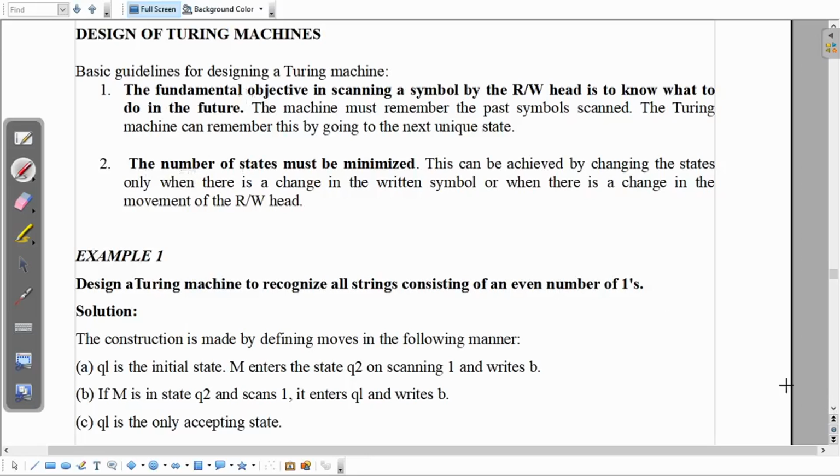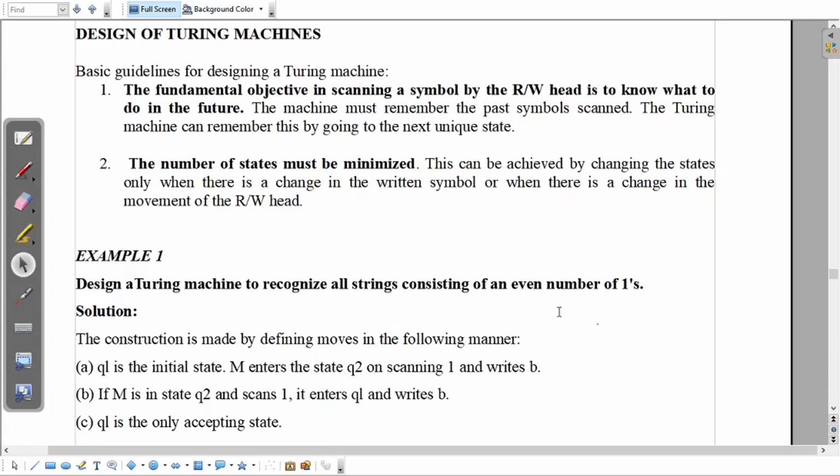Let us consider a simple example on designing a Turing machine to recognize all strings consisting of an even number of ones. This implementation is similar to the design of an FSM.